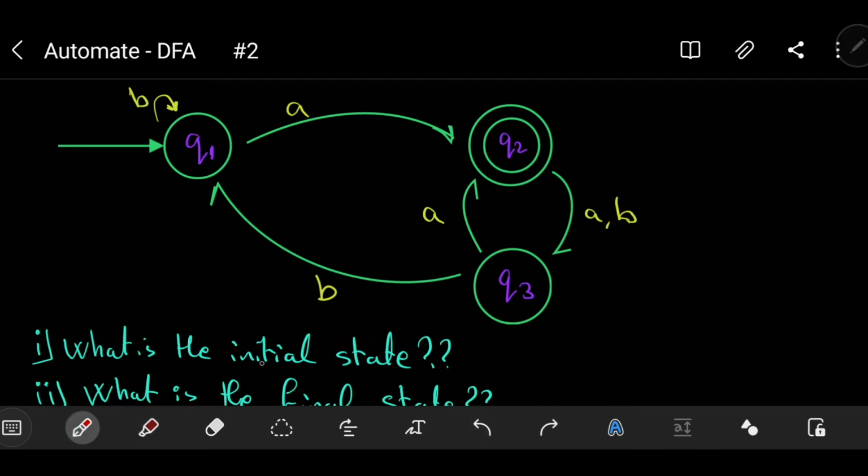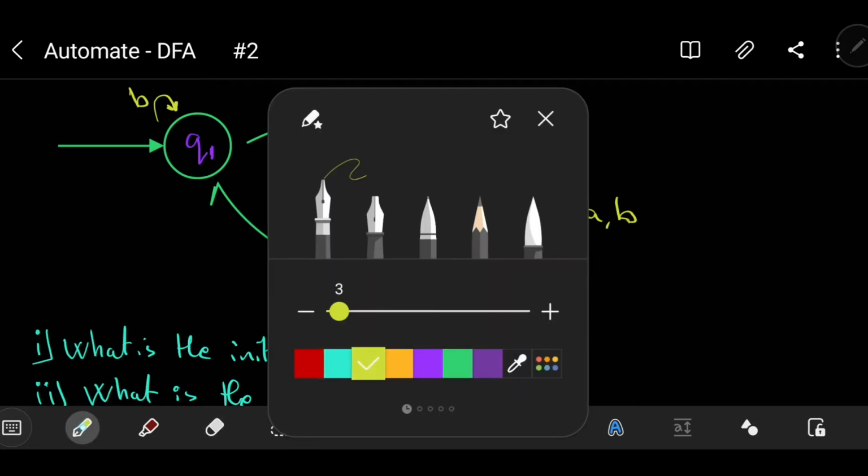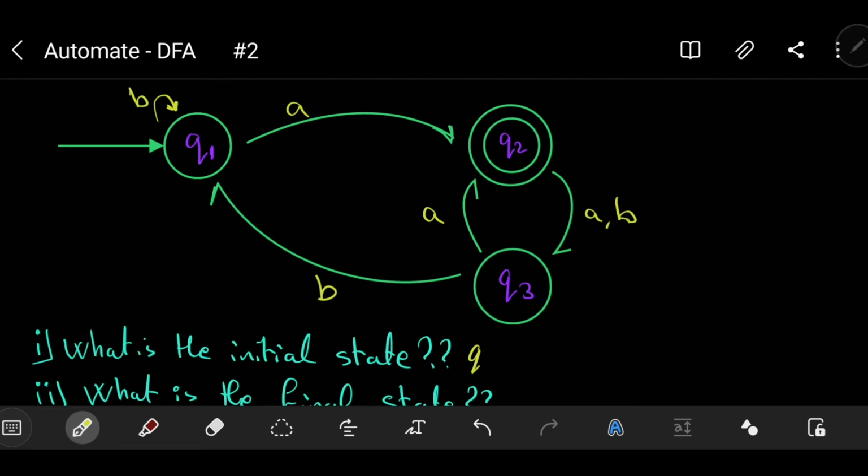If you have watched my previous video, you know that the first arrow, the big arrow, indicates the initial state, and maybe double arrows in other courses and other questions. So it indicates that Q1 is the initial state.